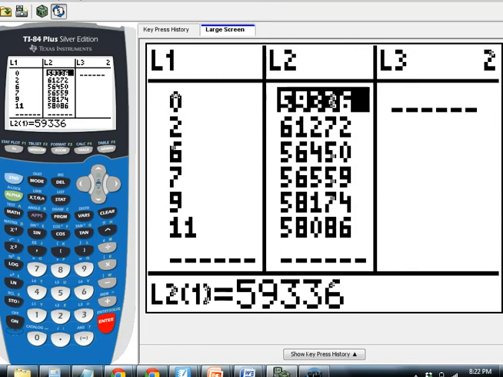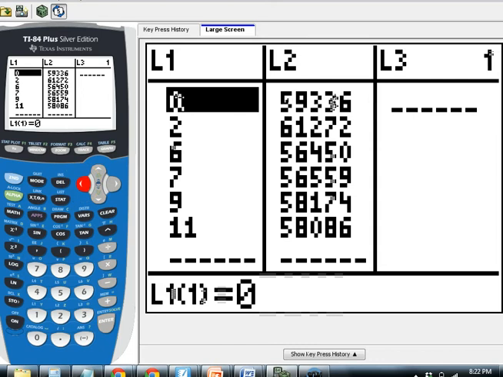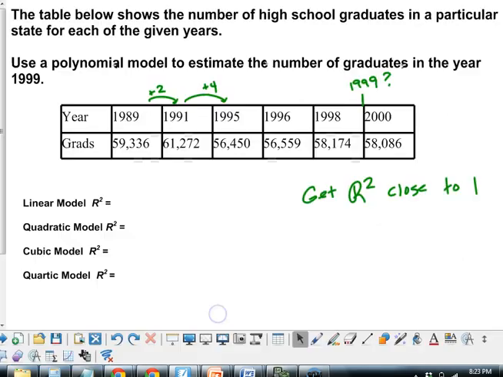I entered the data, and I want to bring up one important point here. The problem that we're looking at deals with years, and years don't really have a specific numerical value. They're what we call interval measures.